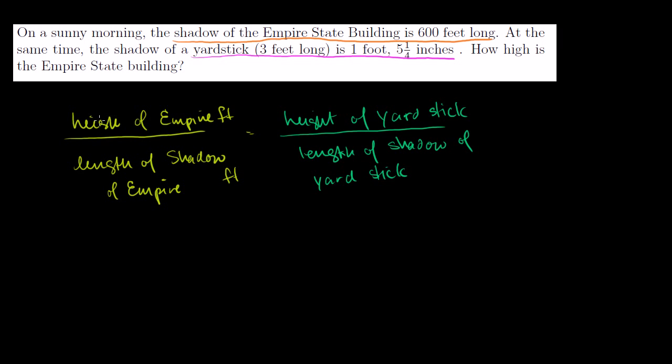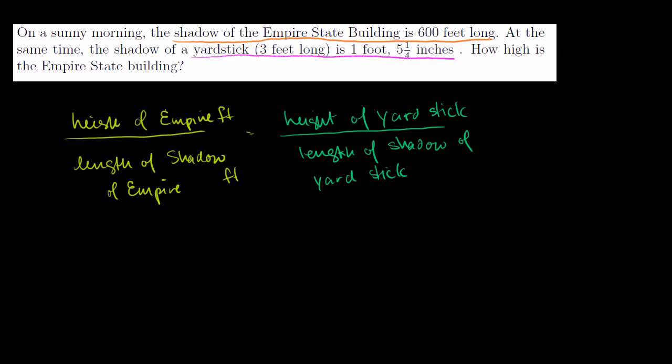If you have x feet divided by 600 feet, the feet cancel out. You'll have a unitless quantity, a pure ratio. Same thing here. You could do it in feet, or in inches. You could even do this side in feet and that side in inches, because you get feet divided by feet, and inches divided by inches. So it becomes a lot easier when you keep the right side in inches and the left side in feet.